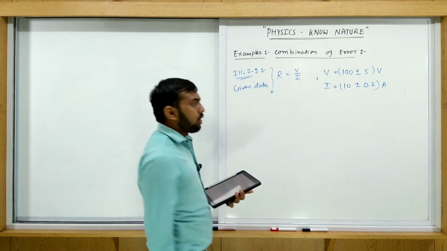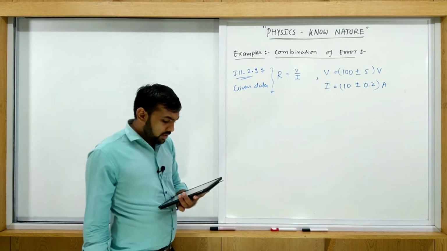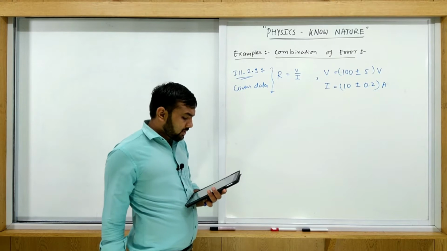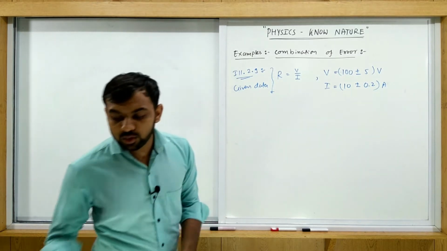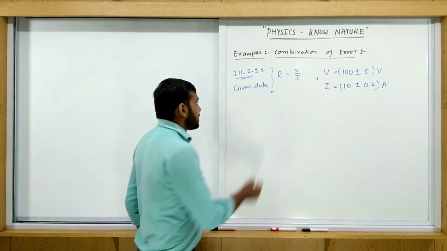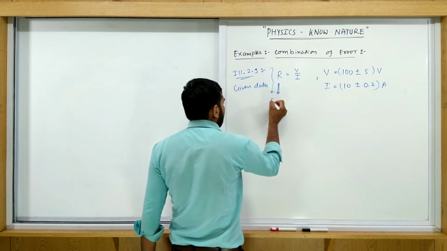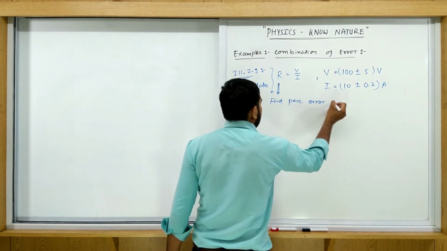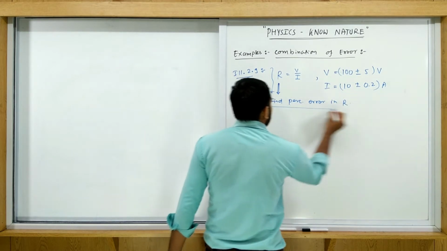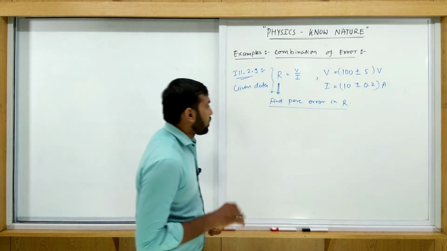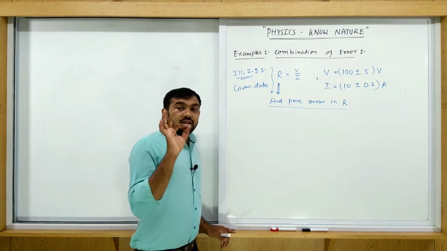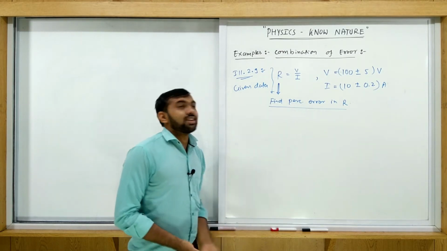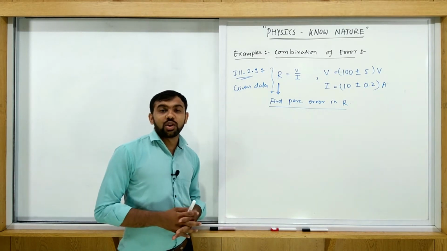So first of all, you must write the given data, okay. Find the percentage error in R. Underline this one. Before you go to the solution, you must know what the percentage error in R is, otherwise you can't solve this example.